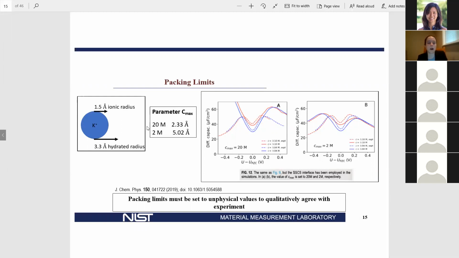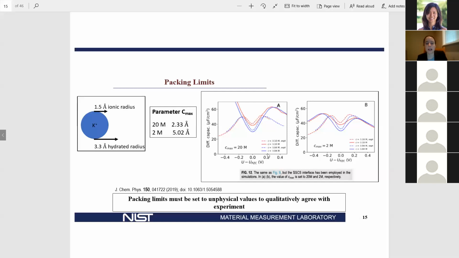If one constrains the local concentration to 2 molar, this is associated with a radius of about 5 angstroms. For 20 molar, it's 2.3 angstroms. So one can see that 20 molar is closer to the hydrated radius of the potassium.